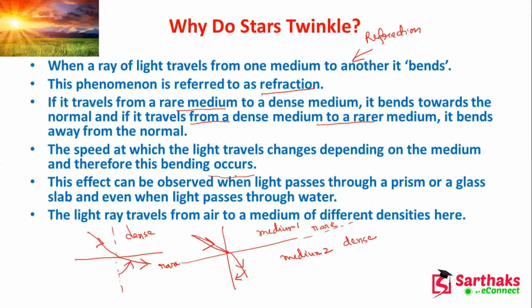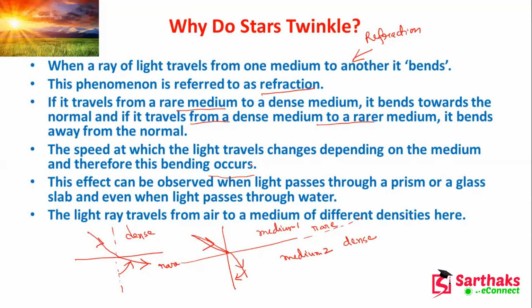So you can see that there will be different bending, and it depends on the densities of the medium. The light ray travels from air to media of different densities here.